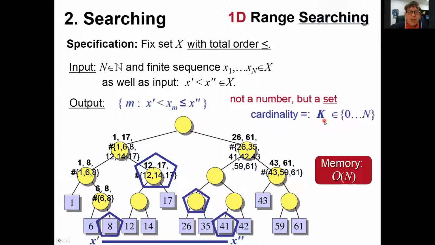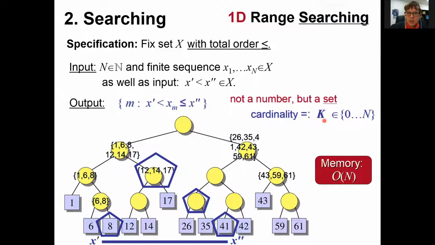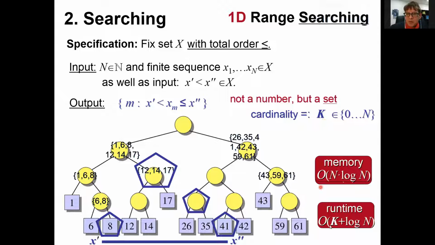This problem can also be solved with these nested range trees using n log n memory and running time k plus log n, where k denotes what is called output sensitive running time, depending on how many elements are being reported.